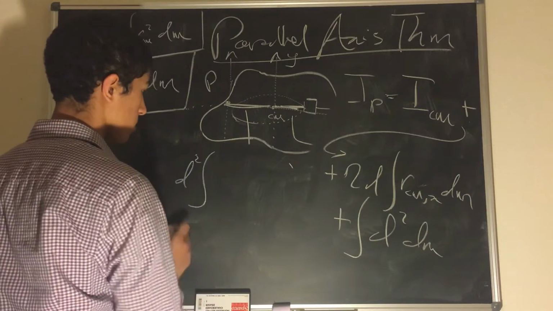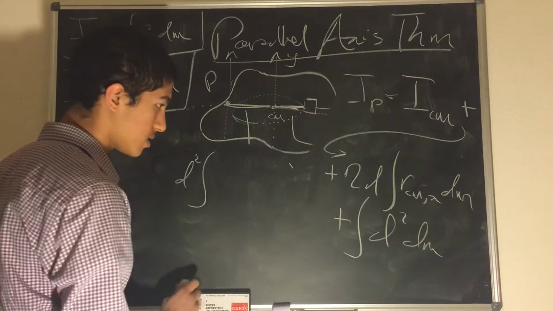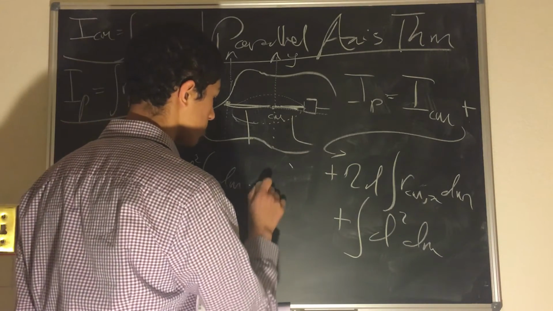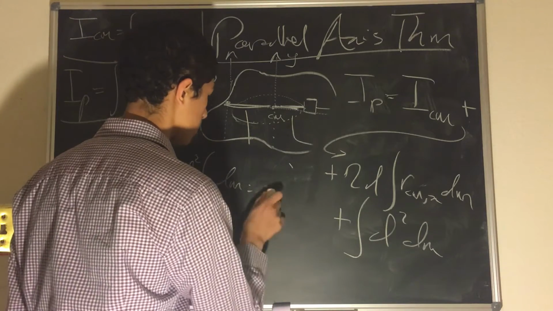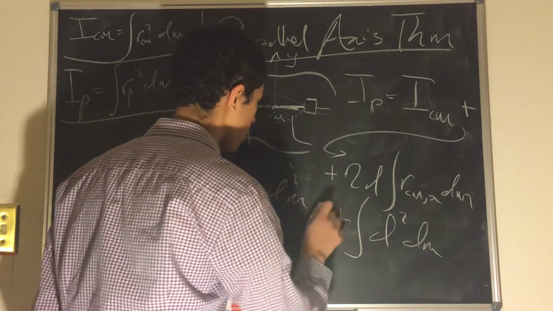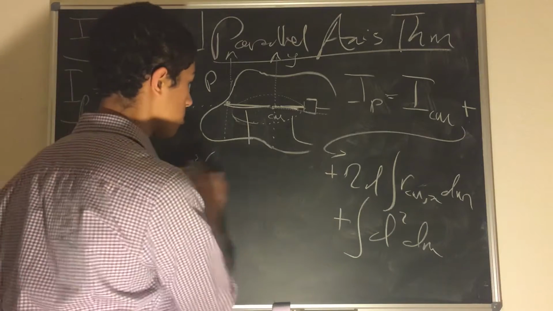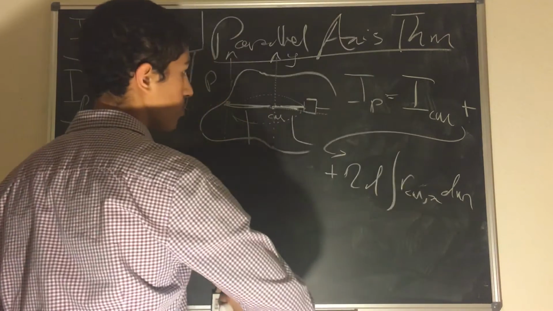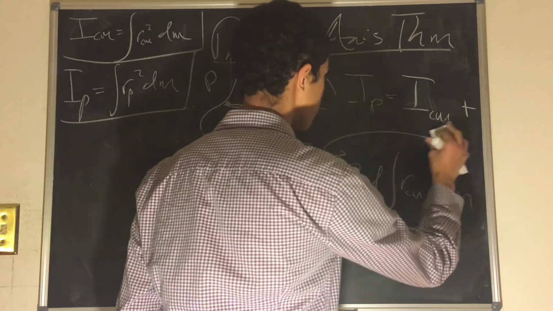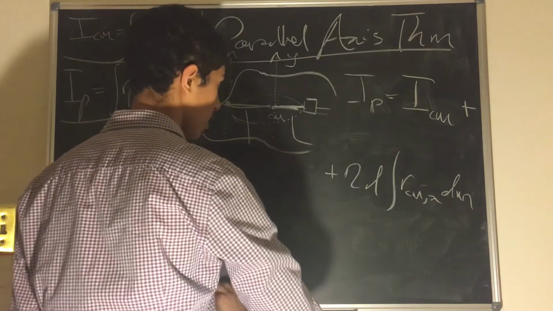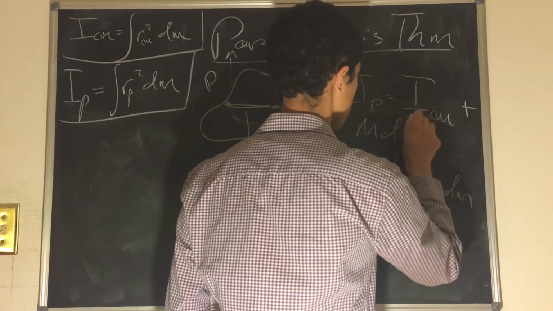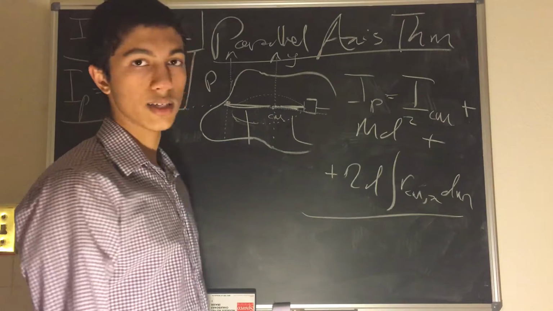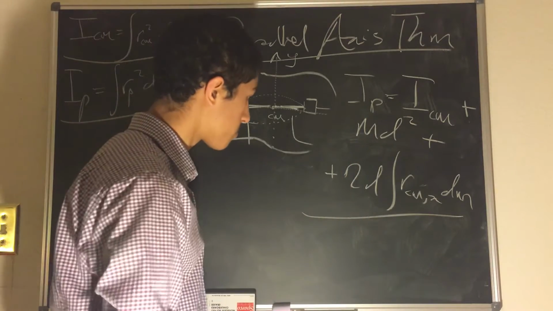We factor out the d squared, and d squared times the integral of dm is simply equal to d squared m. So this term becomes m d squared, and we have I_CM plus m d squared plus 2d times the integral of r_CM,x dm is equal to I_P.